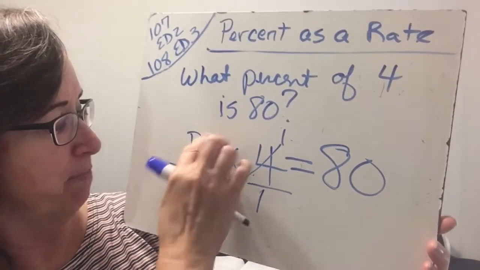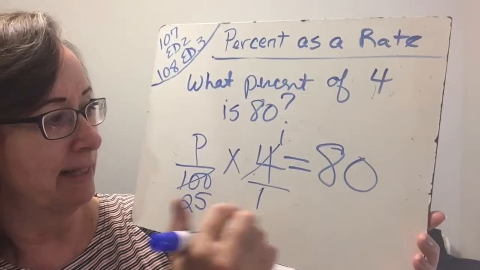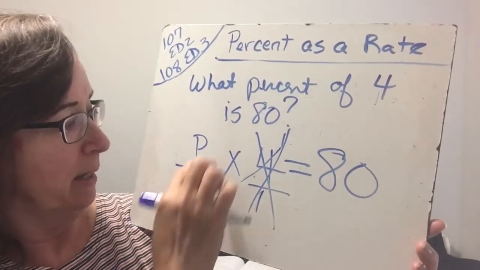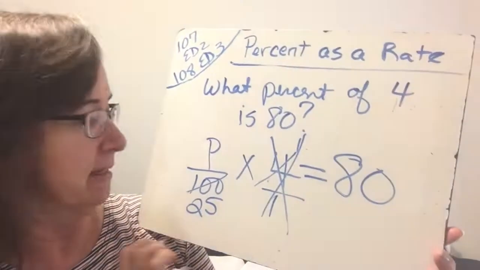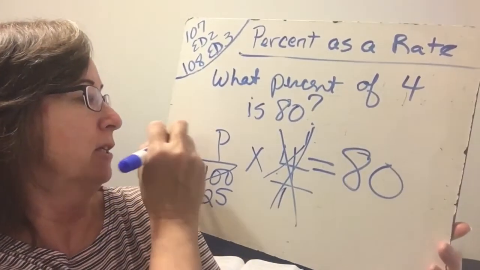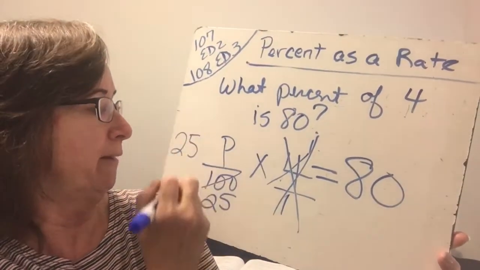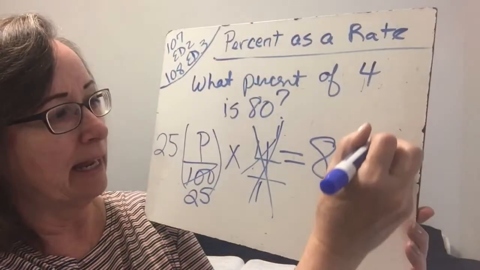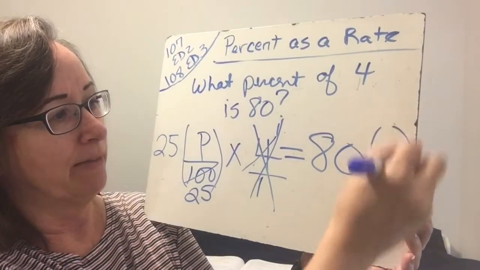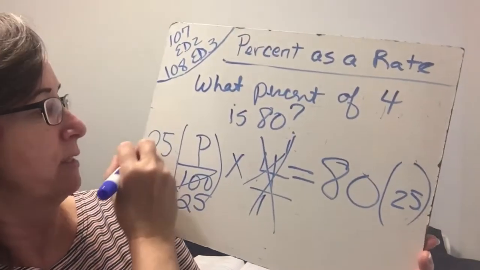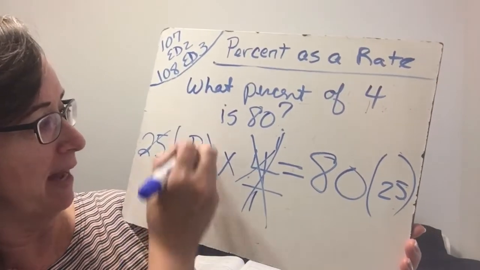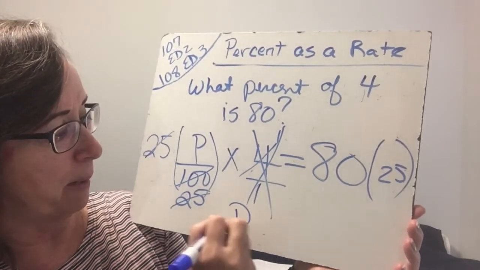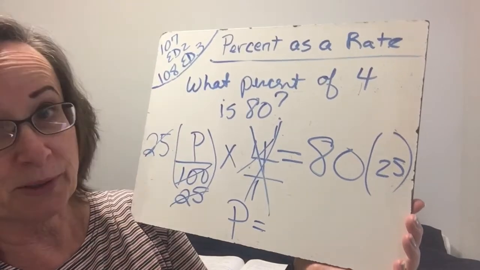So now we have P over 25. This is completely gone now. P over 25 is 80. So now in one step, I can just multiply by 25 on this side and 25 on this side. This 25 is going to cancel that 25. And now the only thing that's over here is my P for what percent.